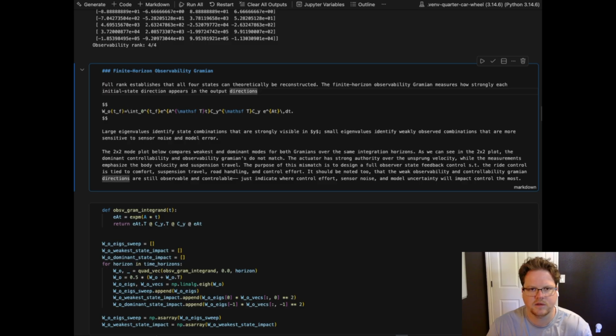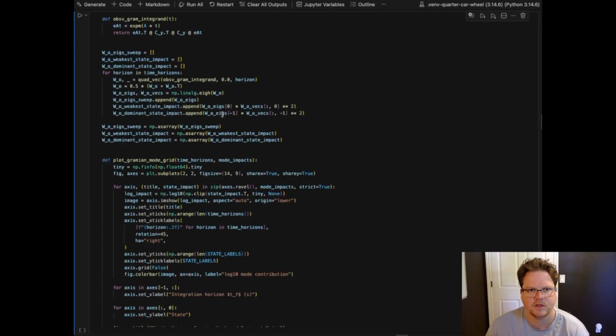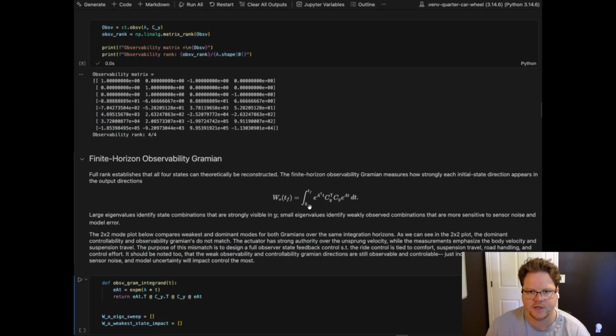I'll clean that up later. So, how much the initial state directions appear in the output directions. Large eigenvalues identify the state combinations that are strongly visible in Y, and small eigenvalues are weakly observed combinations that are more sensitive to measurement noise and model error, thus indicating that they're harder to reconstruct for that X hat that we would then use for state feedback control.